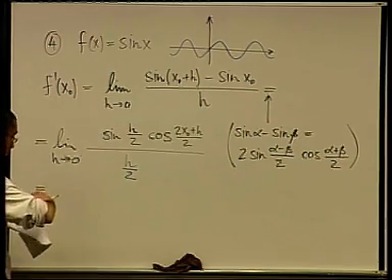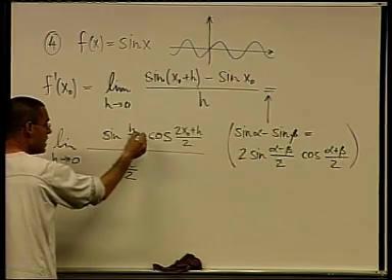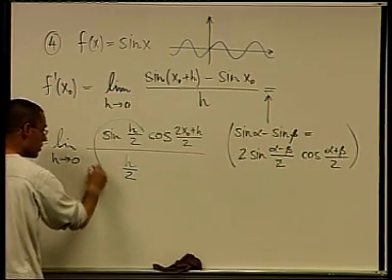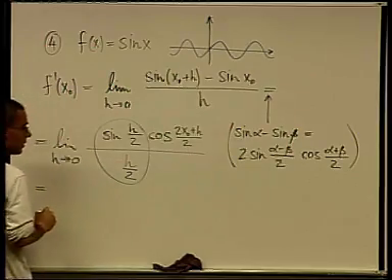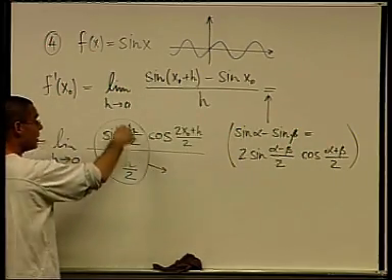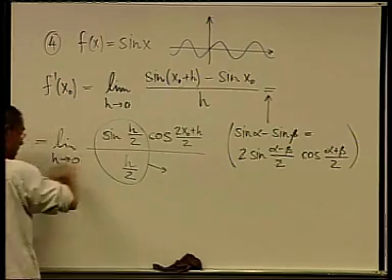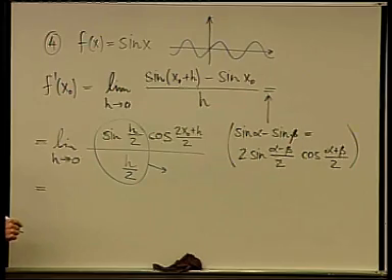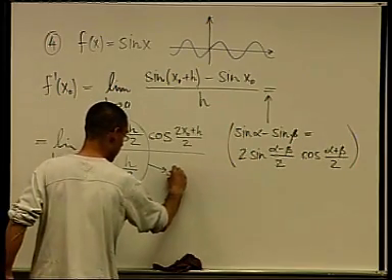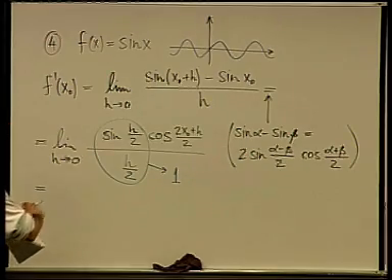And now, when h goes to 0, this factor goes to what? 1. So it's sine of something divided by that same something, and the something is something that goes to 0. So this goes to 1 as h goes to 0, right?